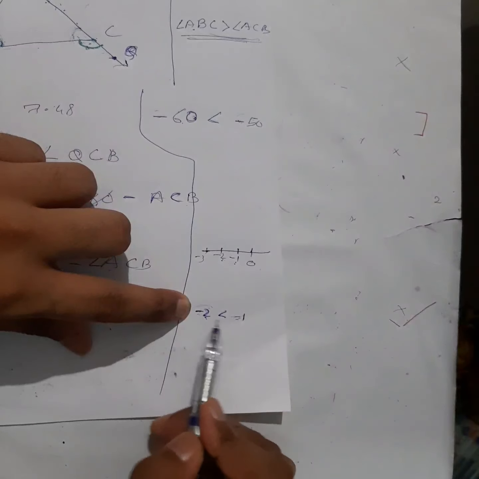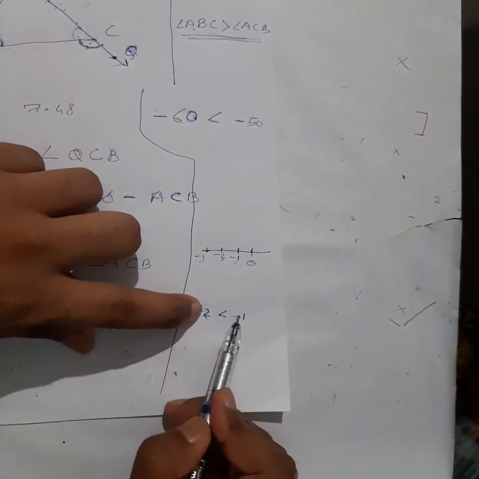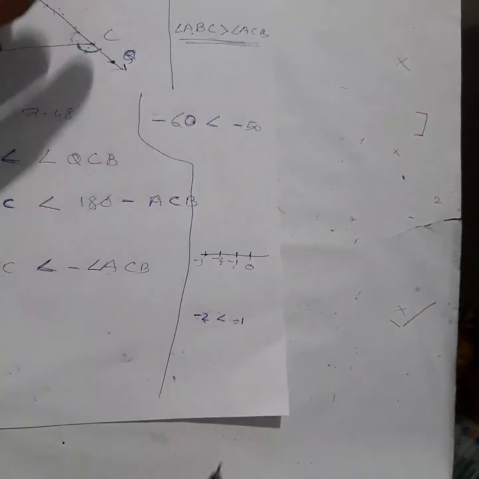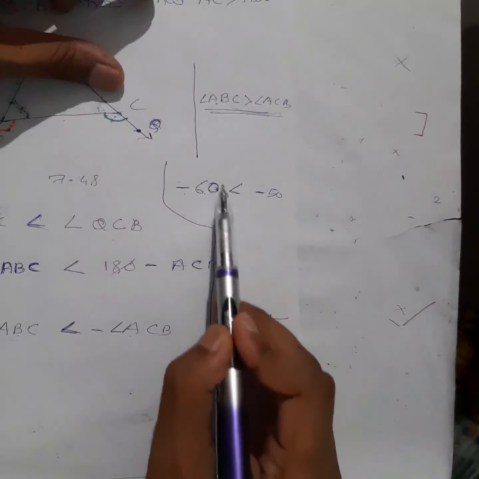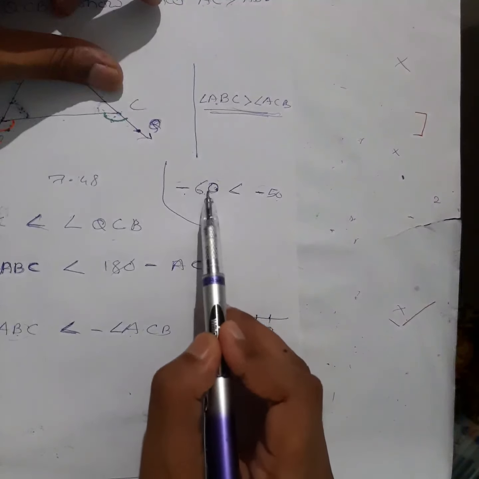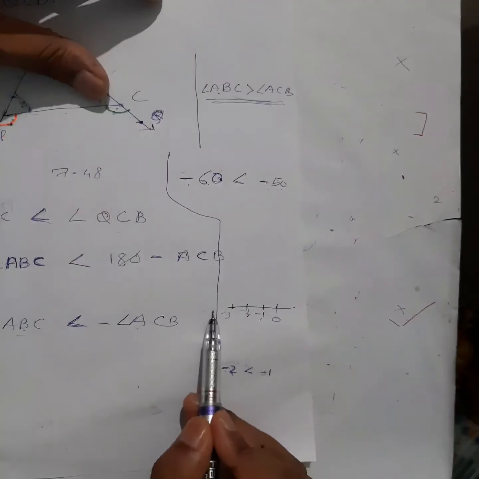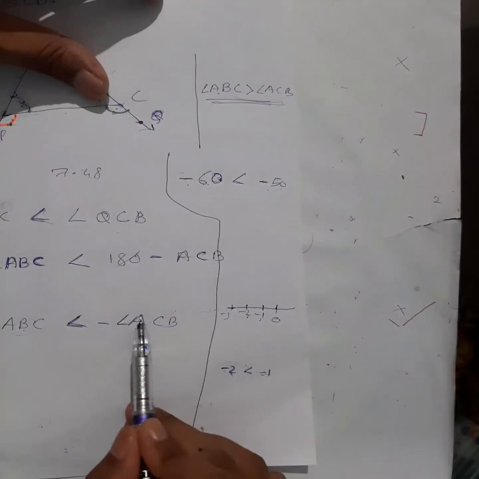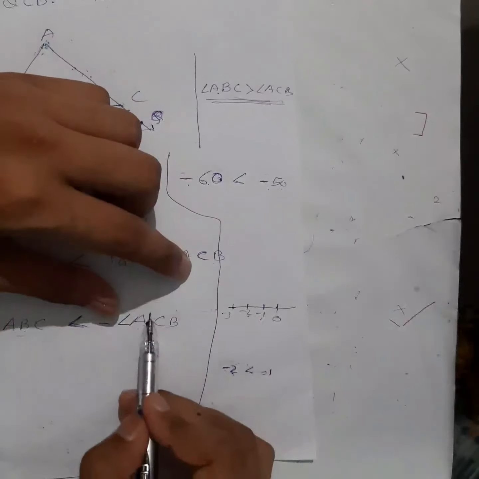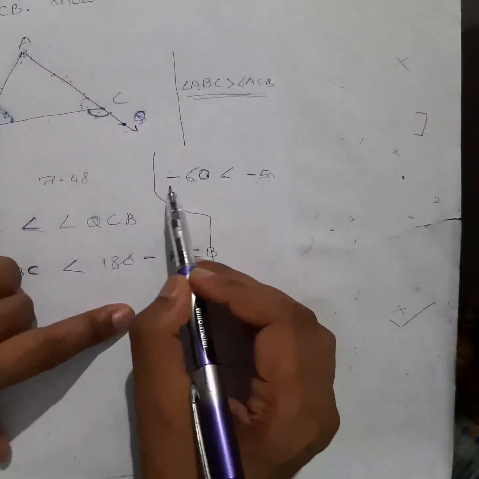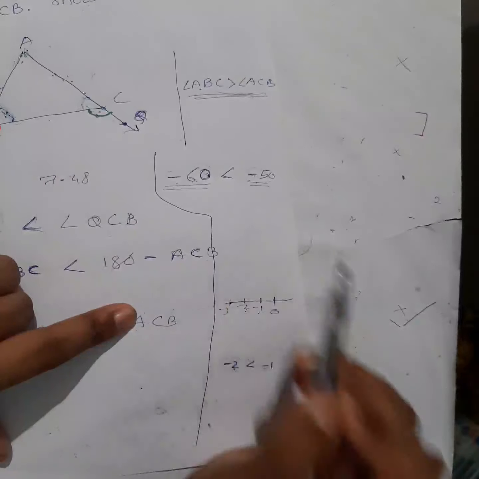So in the same way here, minus 60 will be smaller than minus 50, because 60 is on the left side of minus 50. If you keep on writing, minus 50 will come, then minus 51, minus 52, then on the left side it will be minus 60. So obviously minus 60 is less than minus 50, right?